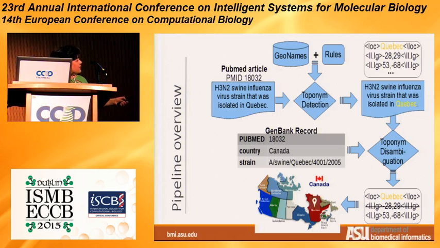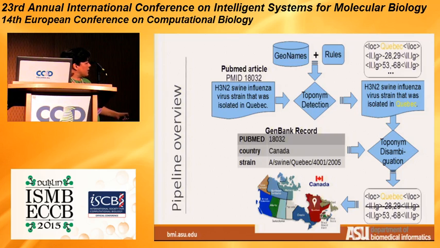So we have that, GeoNames, another database, and rules to get that detection going. And then once we have that, we get the possible coordinates from GeoNames. In this case, it will give several matches for Quebec. And then in disambiguation, we start looking around in the text and apply all the different levels of knowledge that we learned from other people that have tried this, plus the ones that we added, and try to get the best match that we can.